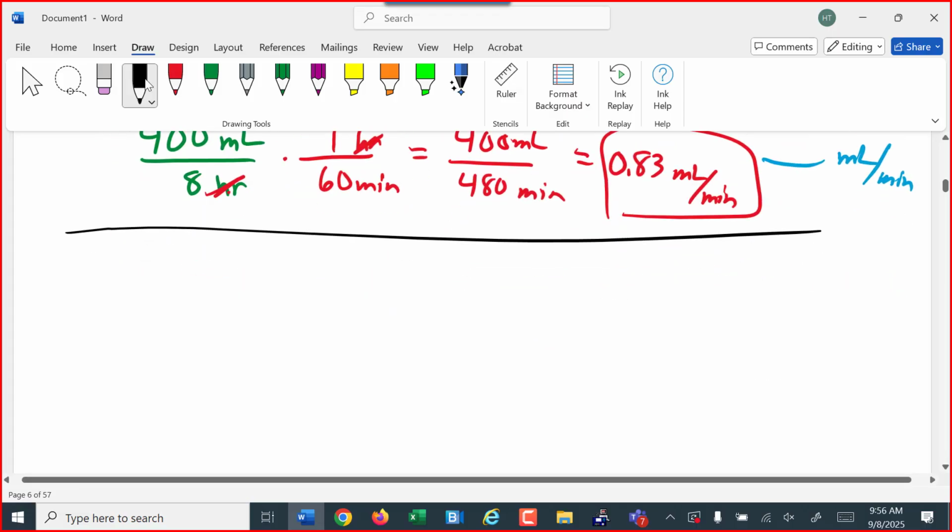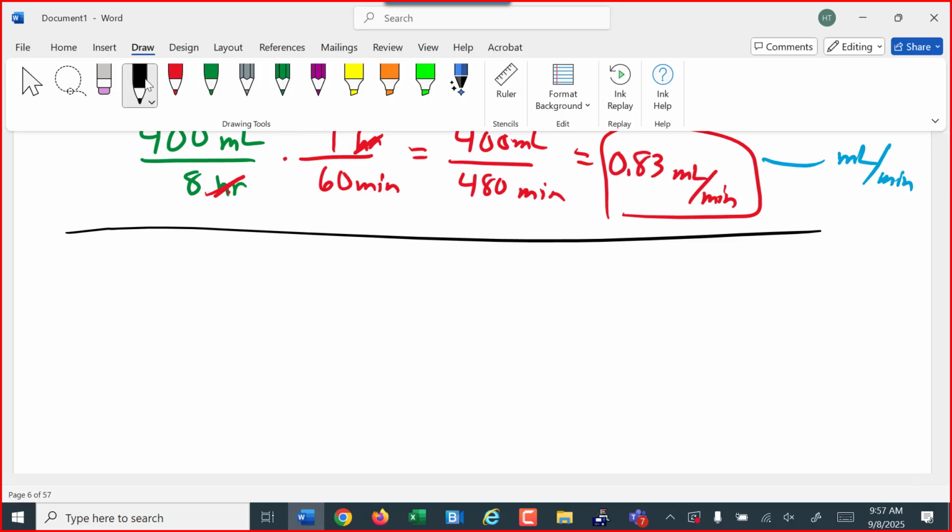Now, of course, it doesn't stay that simple. Most of the time, it's not going to be milliliters that's ordered over a period of time. It's going to be milligrams. So if we have an order to infuse 2,400 milligrams over, we'll stick with 8 hours.